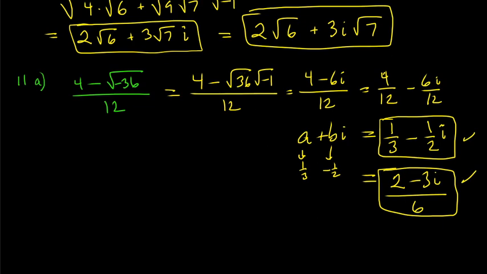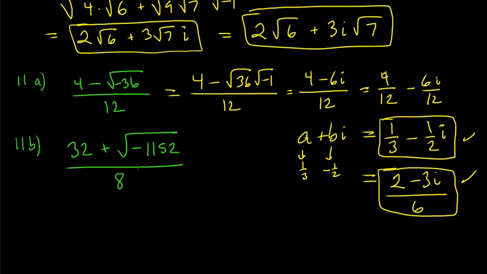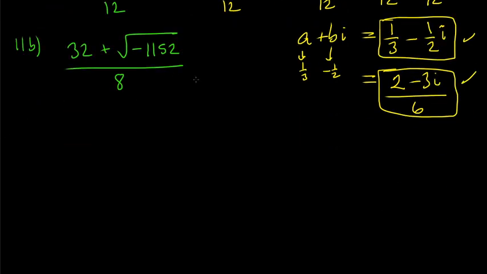All right, and as far as 11b goes, it's just a bigger number, but I think you can handle it. I'll do it very quickly. 32 plus the square root of negative 1152 over 8. So yeah, it's the 1152 that might be a little tricky here. So the negative, we know that's going to turn into an i.